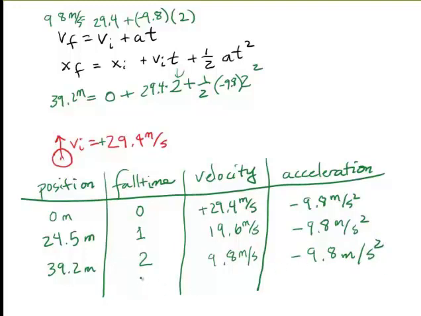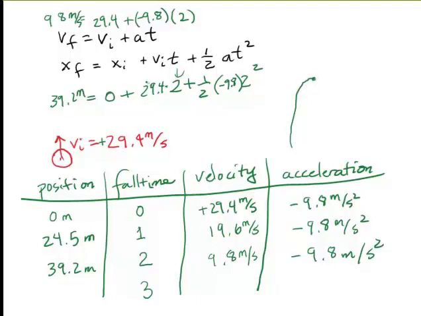And it turns out when we plug in the numbers for 3 seconds, it's going to be going up and up and up, and it's just at the point where it's just reached 0 velocity.